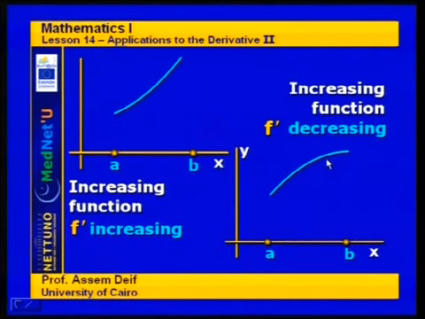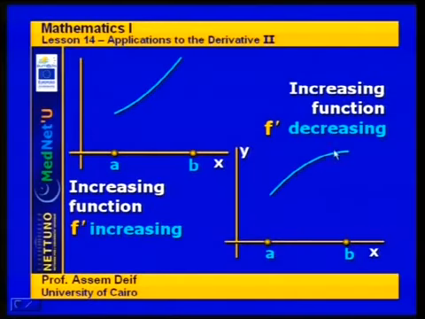But I think the best terminology is to say that this is convex and this is concave. So convex curves are those where the function is increasing, but in fact it may be decreasing as well. But if it is increasing, f prime is decreasing, whereas here, if it is increasing, f prime is also increasing.